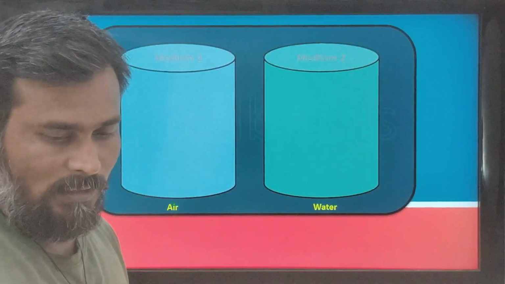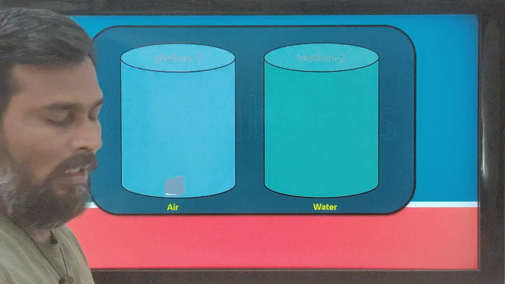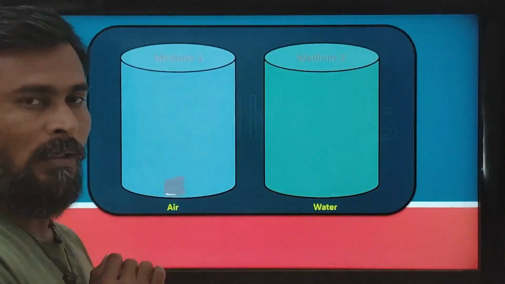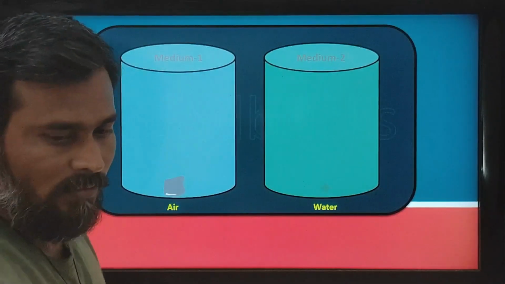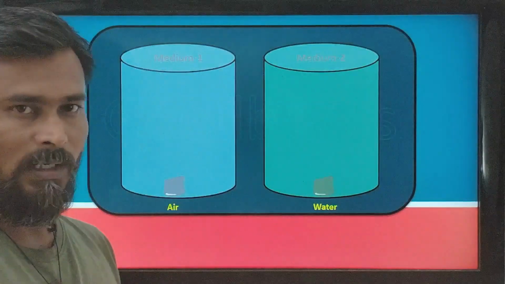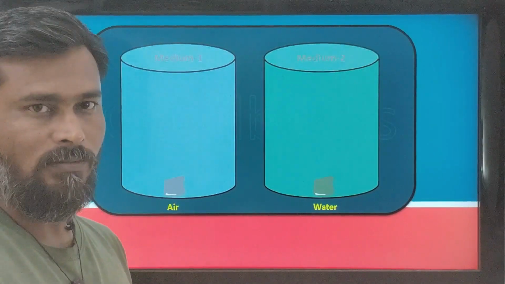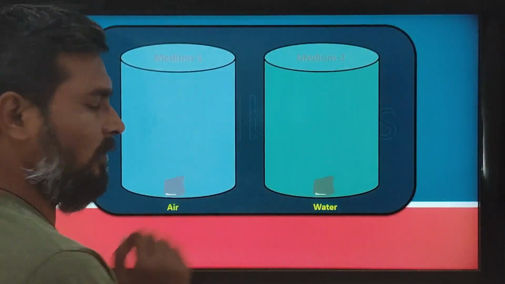Then let us immerse, or put, the stones in these two glass jars. Here we kept the stone, and the same stone we are keeping in this water-containing glass jar also. You can see the stone here.